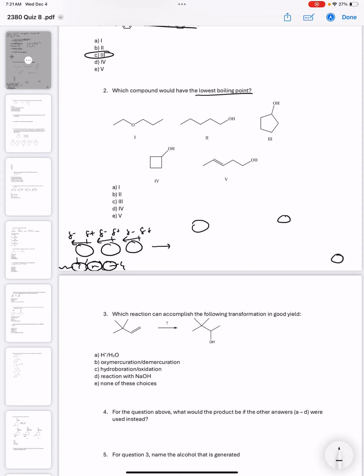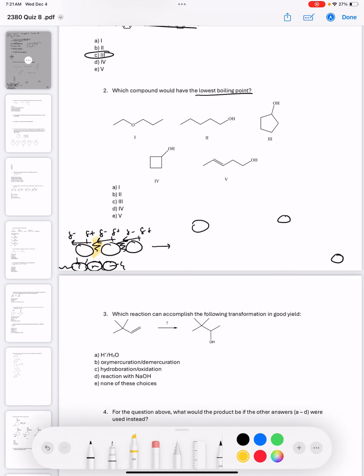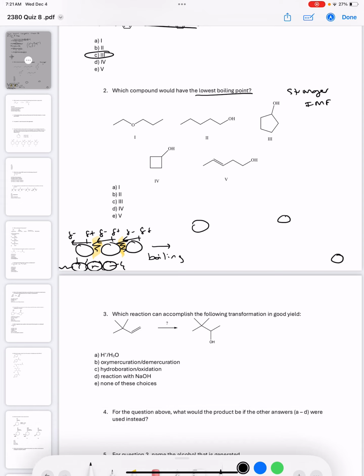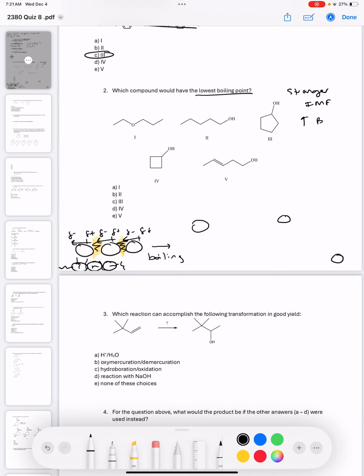So however strong the forces that attract them to one another are, the more energy it takes for them to spread out, and so the more energy it takes for them to boil, because this transition is boiling, where we go from close together to spread apart. So stronger intermolecular forces are higher boiling points, and weaker intermolecular forces are going to give us lower boiling points.